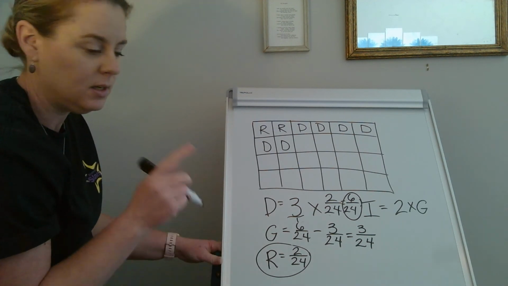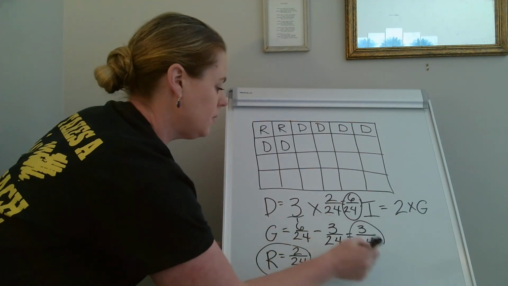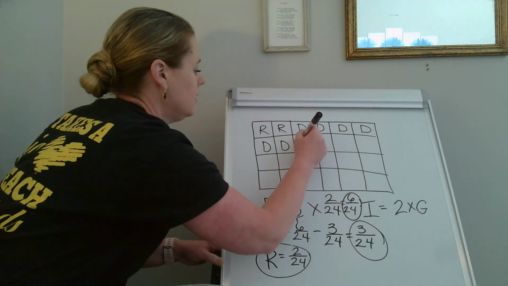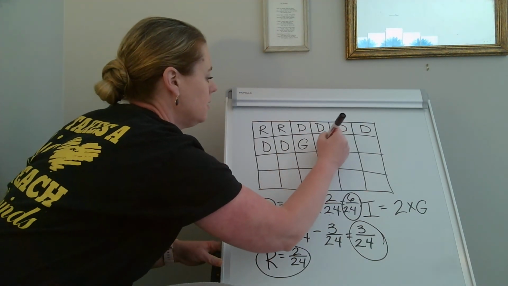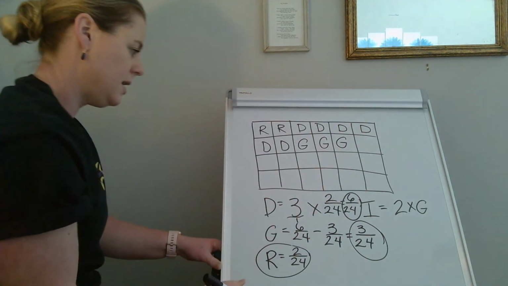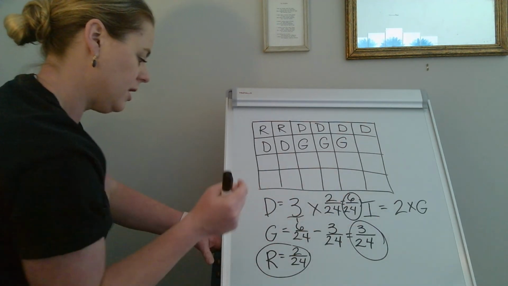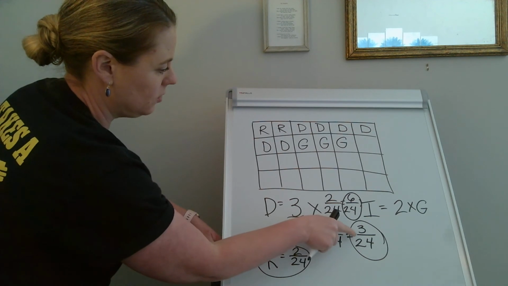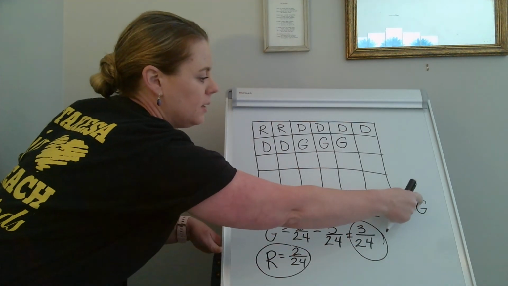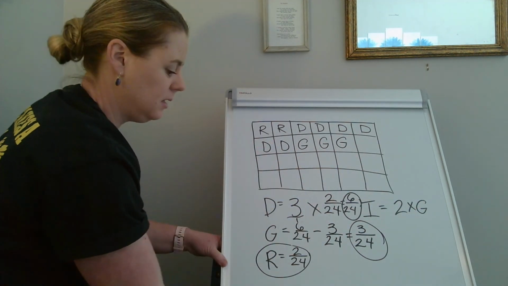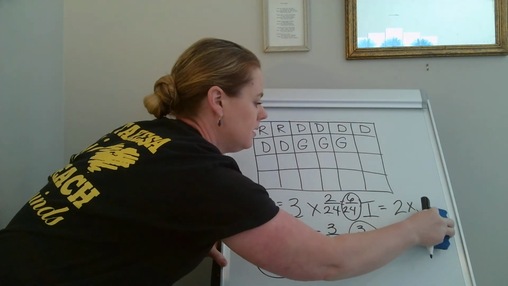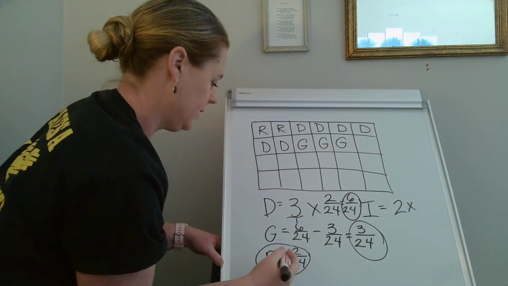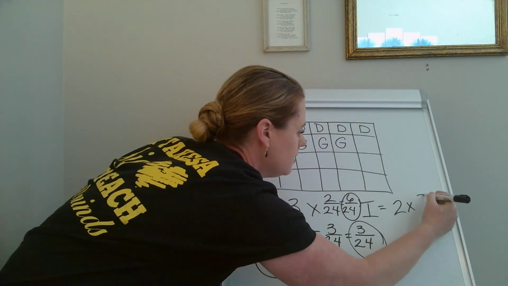Okay, just the numerators. So 3/24 is what Guy did. So 1, 2, 3. Now that we know that Guy painted 3/24, we can put that in for our missing G over here.